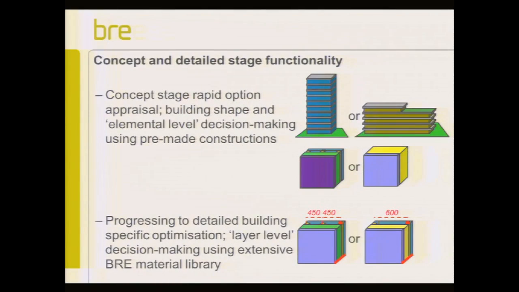And we've split the use of impacts into two separate stages. The first one is using pre-made constructions. I don't know if you're familiar with the Green Guide to specification, but we put all of those specifications into impact.